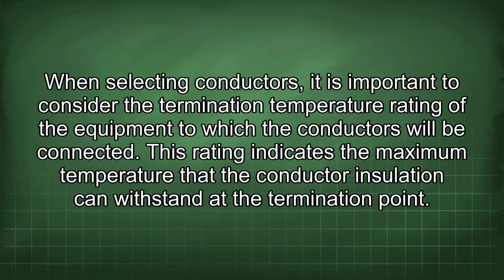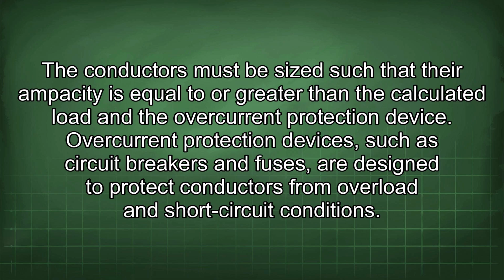When selecting conductors, it is important to consider the termination temperature rating of the equipment to which the conductors will be connected. This rating indicates the maximum temperature that the conductor insulation can withstand at the termination point. The conductors must be sized such that their ampacity is equal to or greater than the calculated load and the overcurrent protection device.